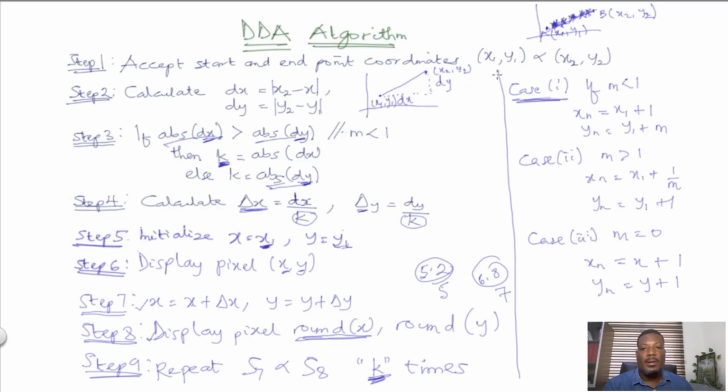And of course, the DDA algorithm also has its own disadvantages and also advantages. So first of all, I'm going to talk about the advantages, and also the disadvantages. And the next step will be to come out with an example of this algorithm. So don't really worry, we'll go through a typical example by doing a calculation.